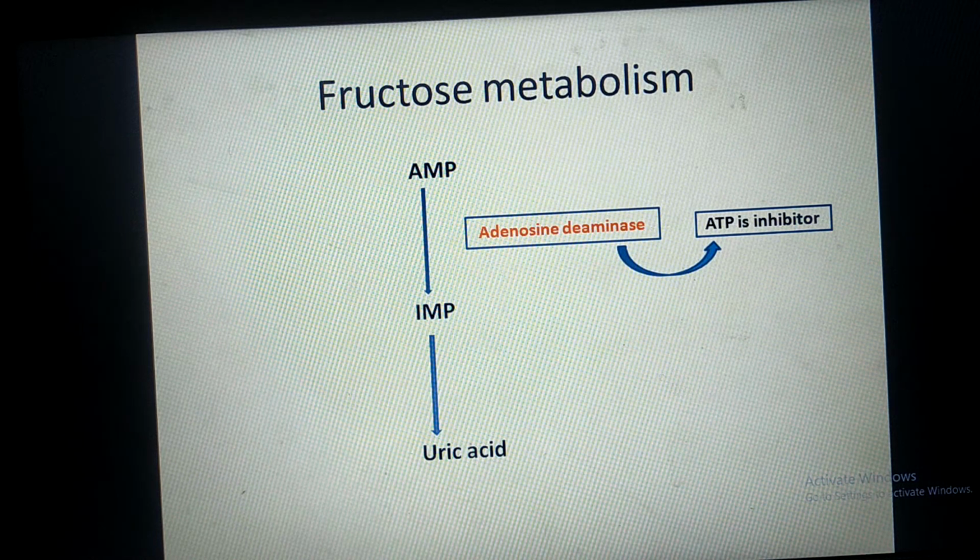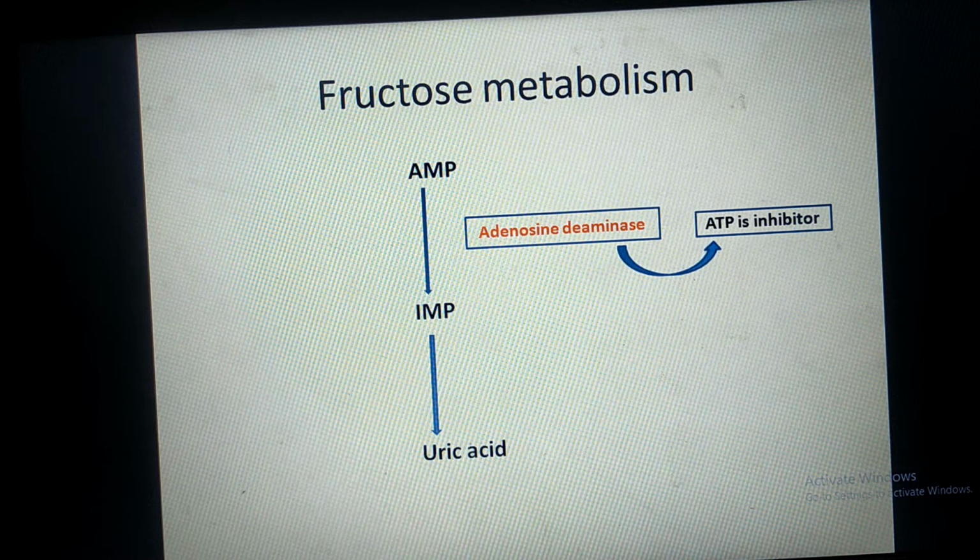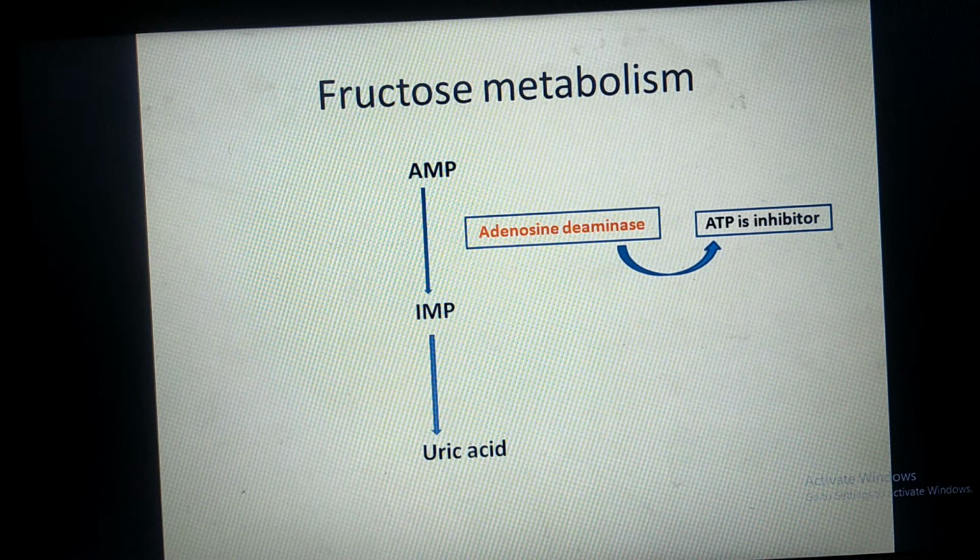In the absence of the inhibitor ATP, adenosine deaminase is stimulated and it breaks more and more AMP into uric acid, leading to hyperuricemia.